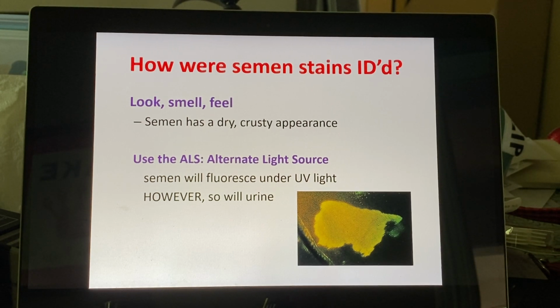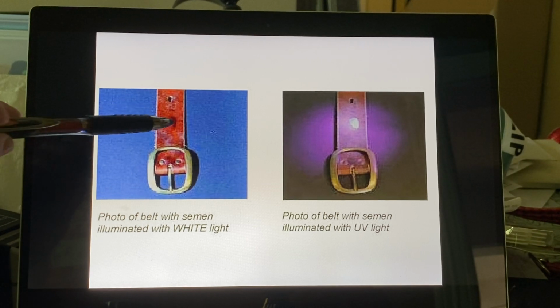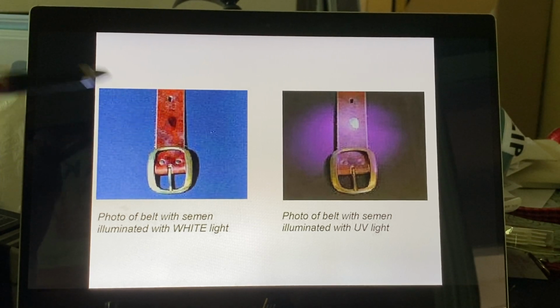So let me show you an example of a piece of evidence where this would not be readily apparent, and then the ALS is really useful. Okay, so here we have a belt, and this is a photograph just taken under normal light. Okay, so we have this darker brown stain here, and if anything, I would say maybe that's a blood stain.